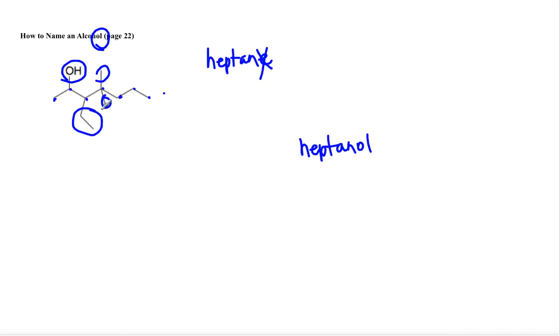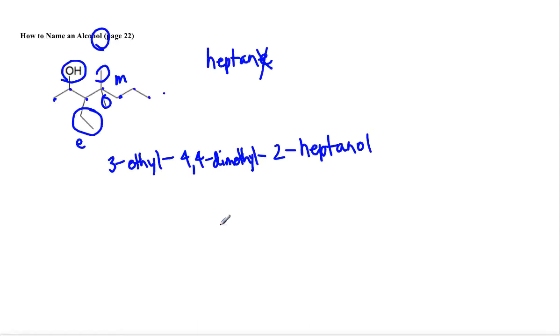So here, the OH, or the hydroxyl group, is on carbon 2, and so I number the other groups accordingly. Here I've got an ethyl group, and I've got 2 methyl groups, so my ethyl is going to come first alphabetically. So I have 3 ethyl, 4 dimethyl. Remember, you have to put the prefix when a group is repeated.